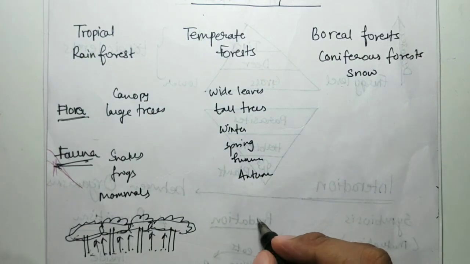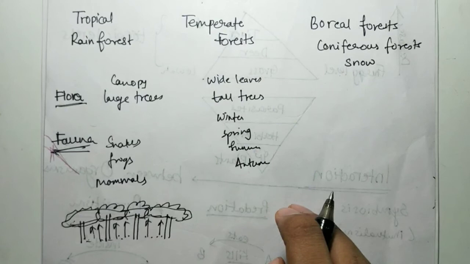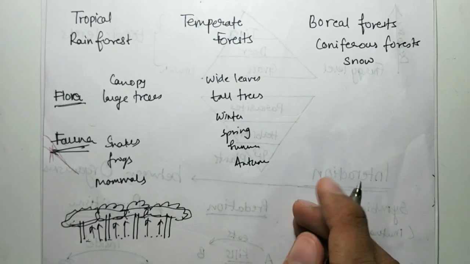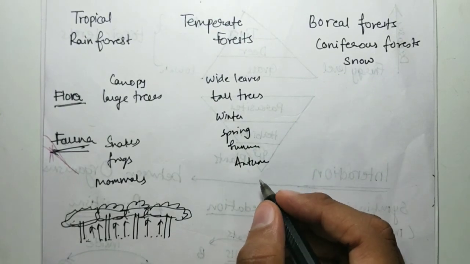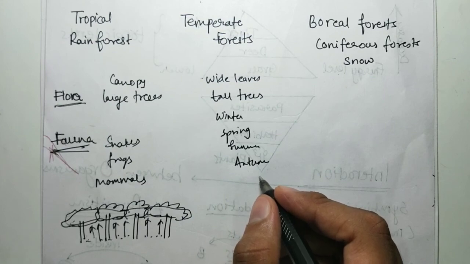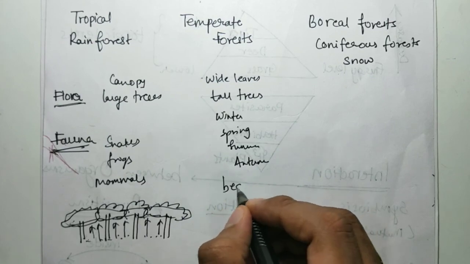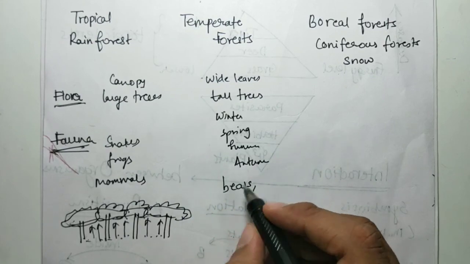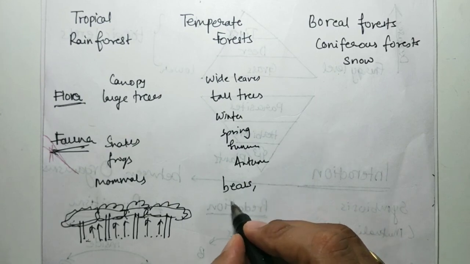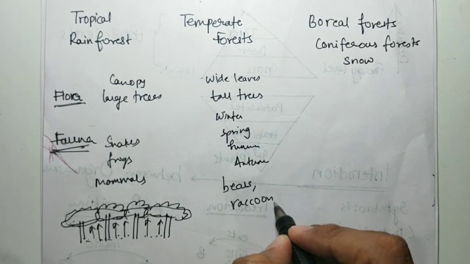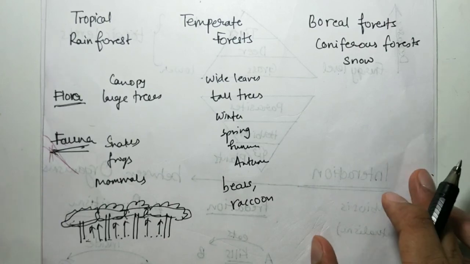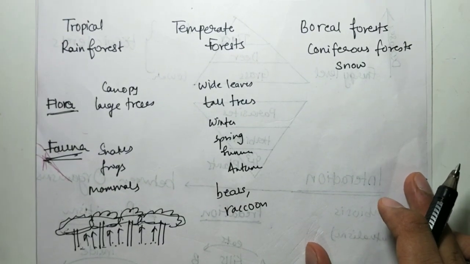All four seasons are there. And there are different types of fauna here: all types of bears, black bears, turkey, snake, raccoon are found in this temperate forest.